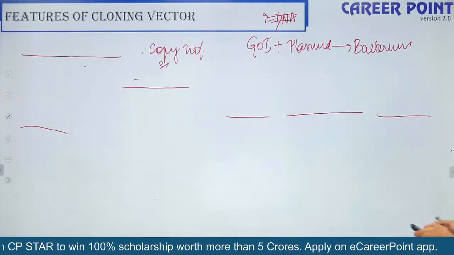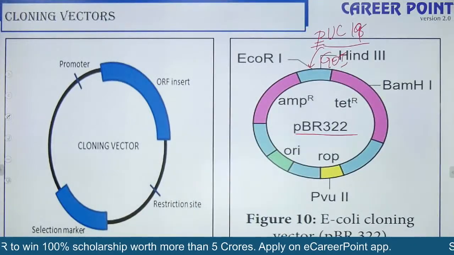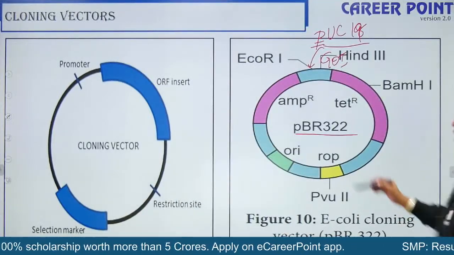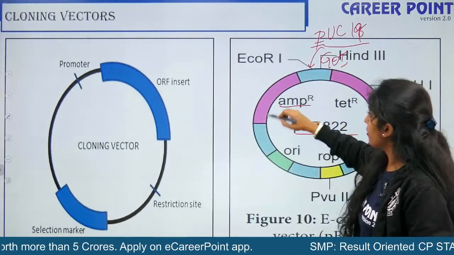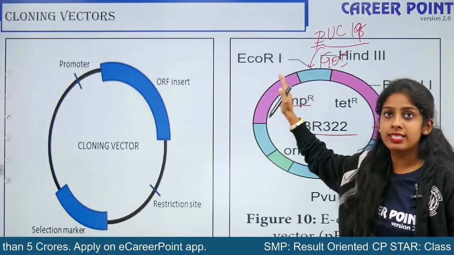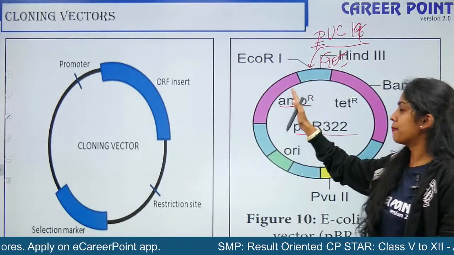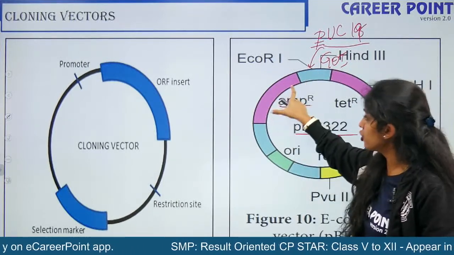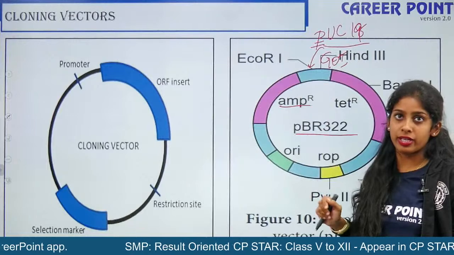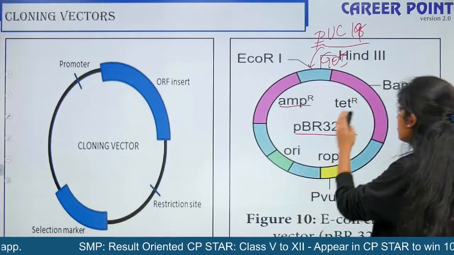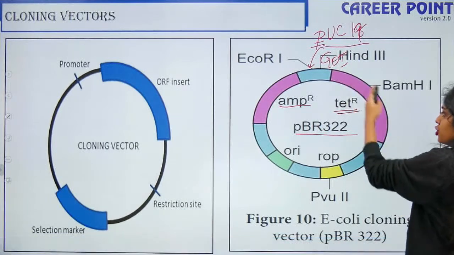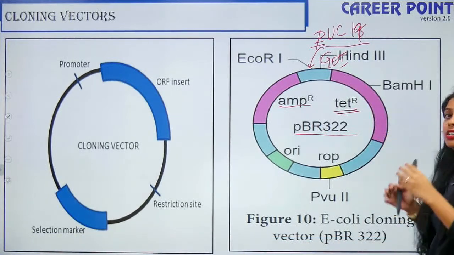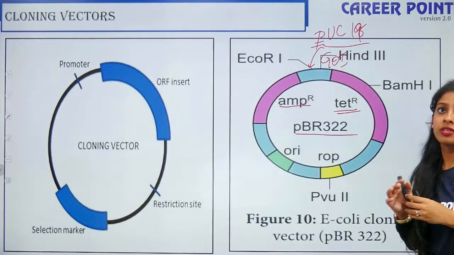Now going back to your previous slide, look at this pBR322. You have what is called AMP-R. This particular gene is resistant to ampicillin, which is an antibiotic. Similarly you have TET-R, which is tetracycline; this pink shaded region is resistant to tetracycline.